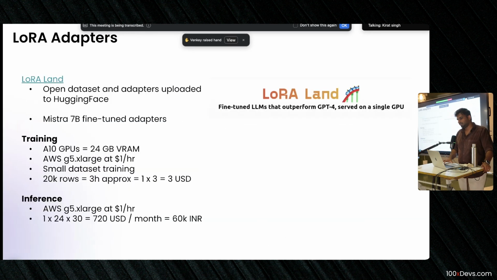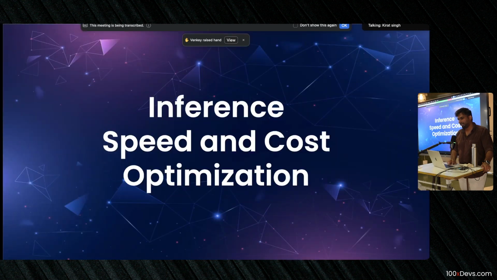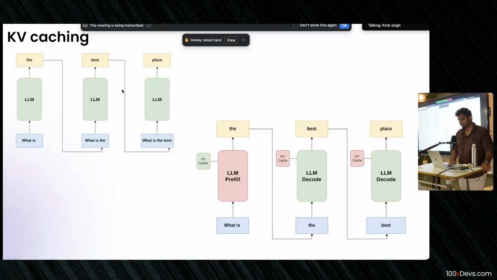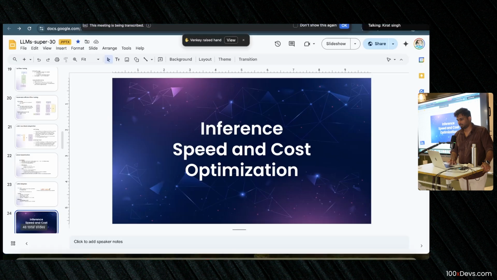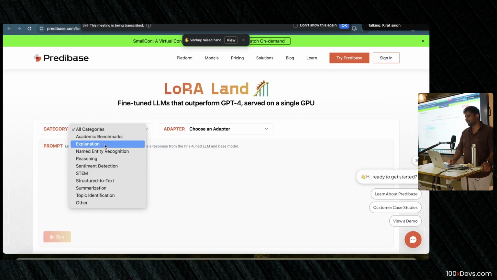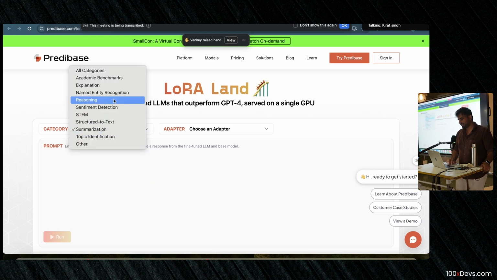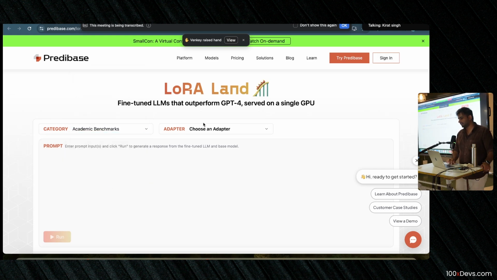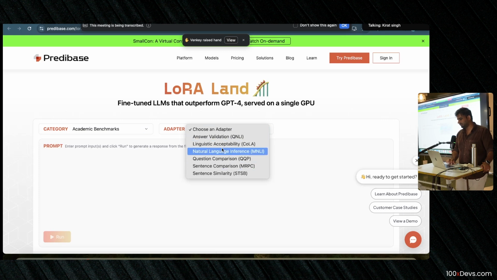You can train your own. Otherwise, you also have something like this, right? So this is trained on summarization. There are a lot of adapters, and you have to choose an adapter based on what you want to actually do.